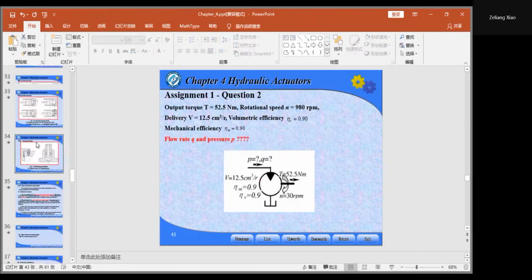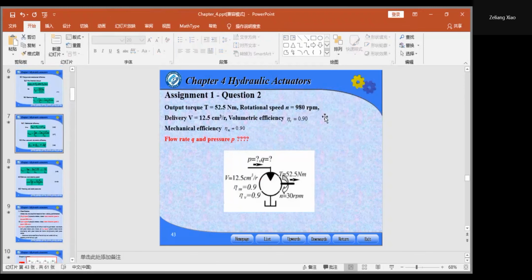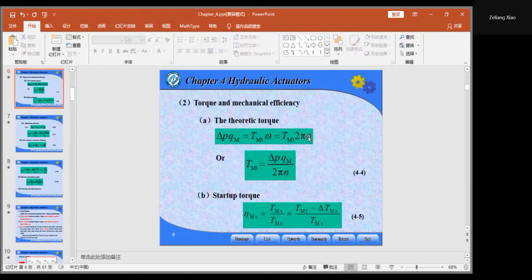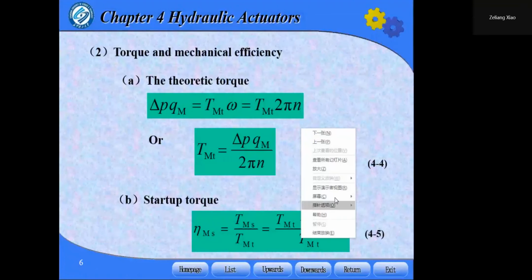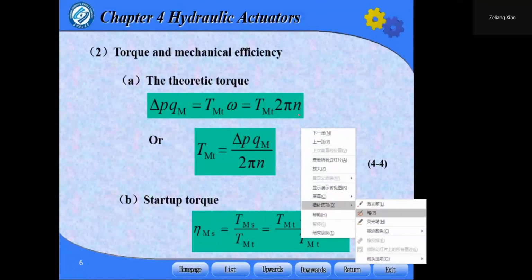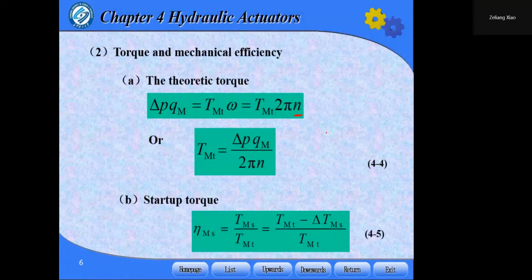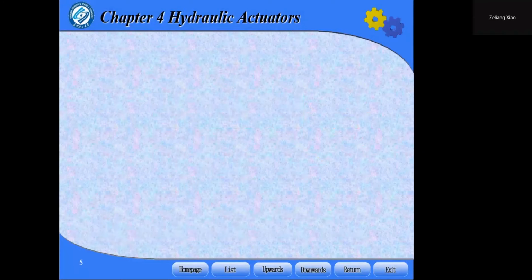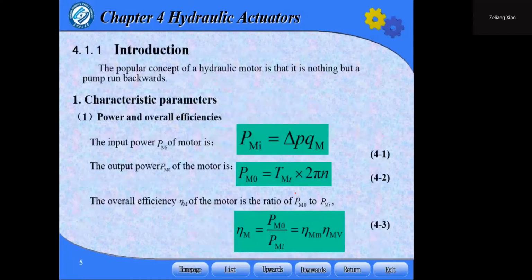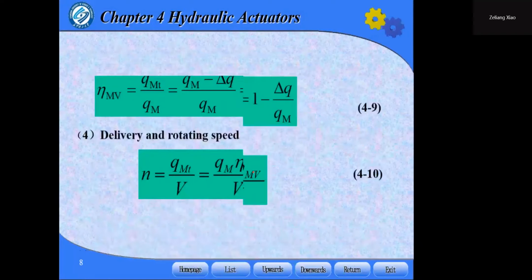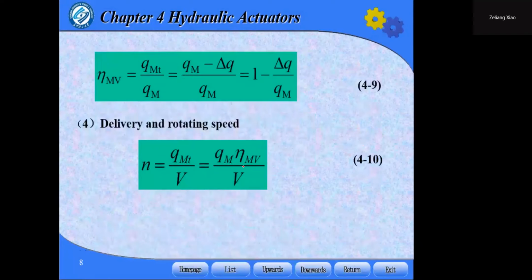Such as in this equation, the unit of n is load, and in this equation, the unit is load.